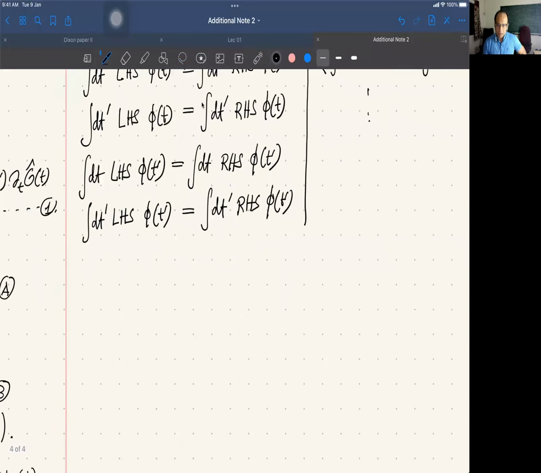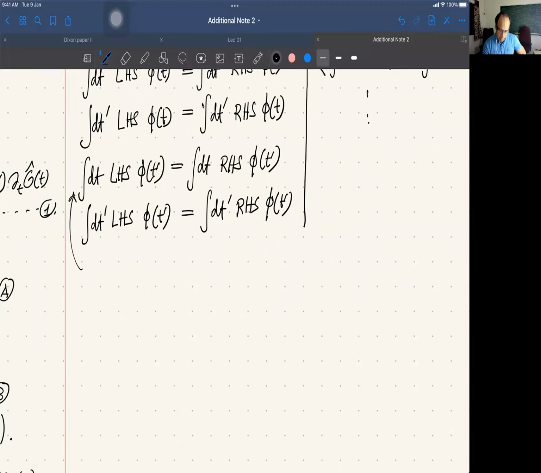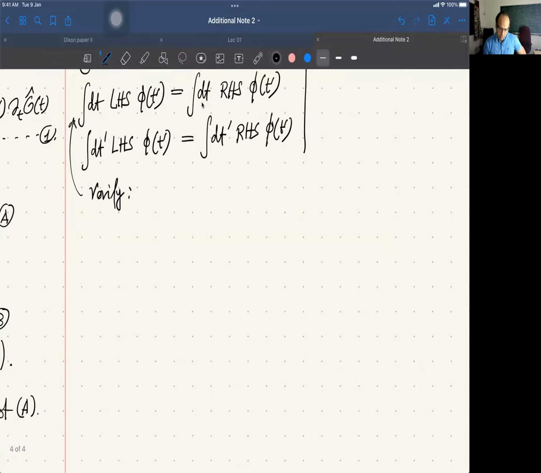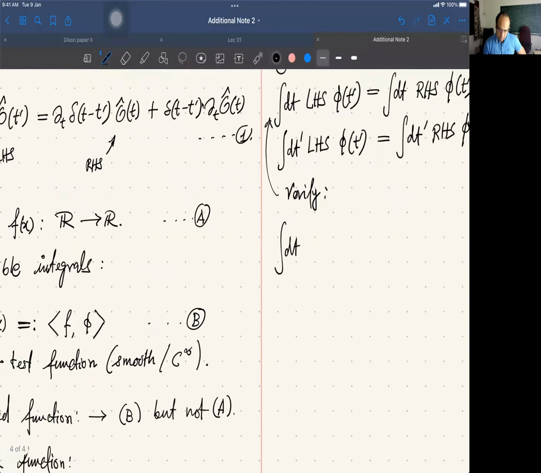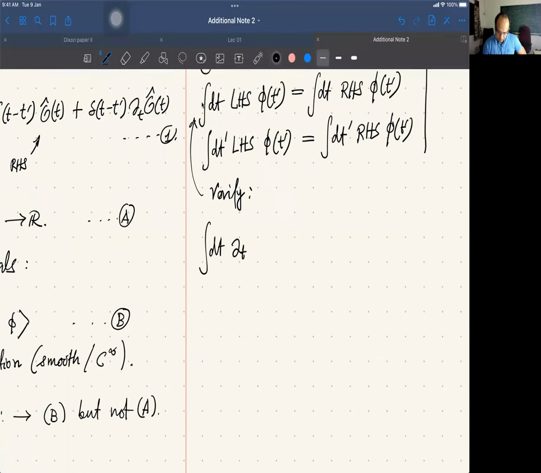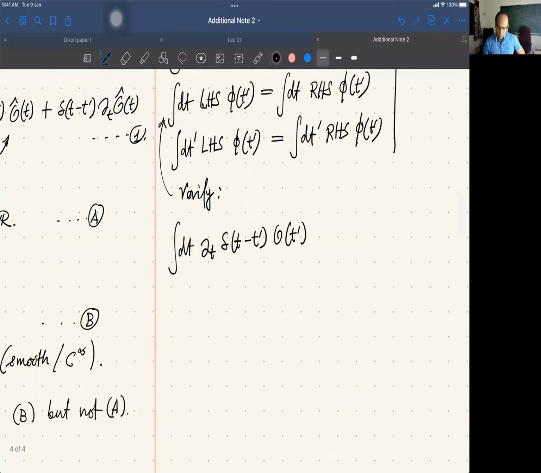So let me verify one of these four equations. Let me choose the third one. Now, integral dt LHS is the derivative of delta t minus t prime times O t prime. I have to calculate this.